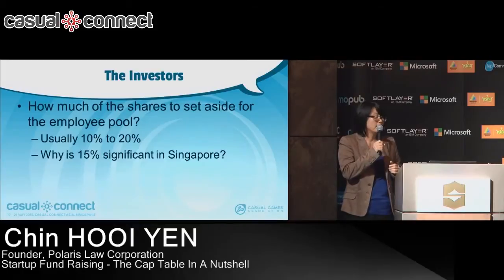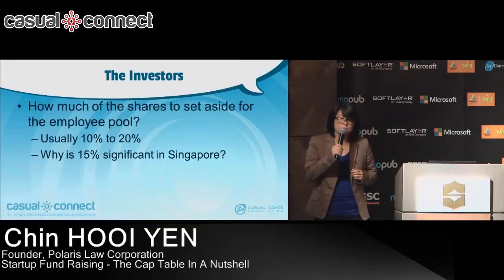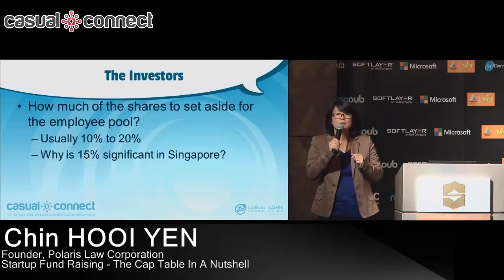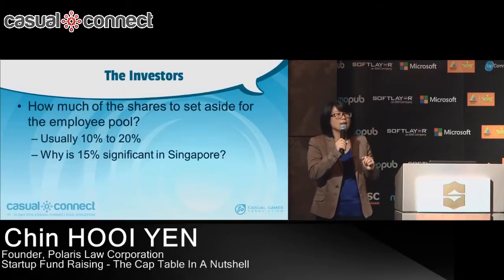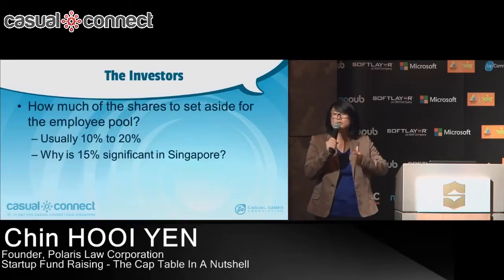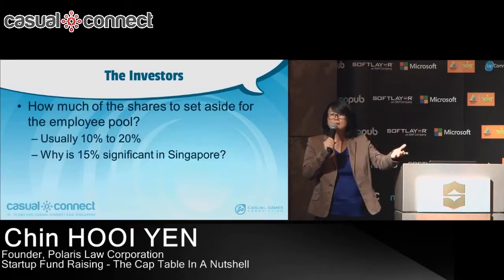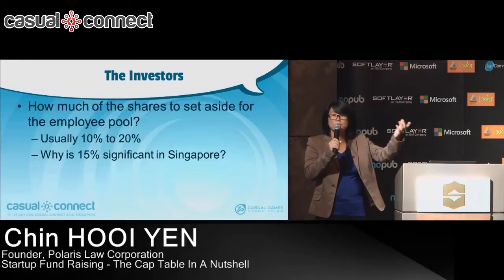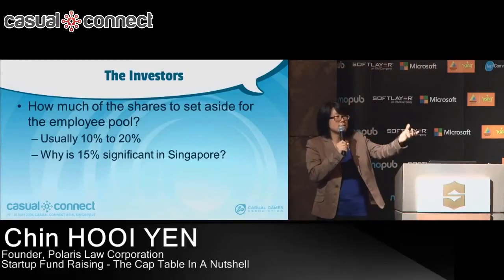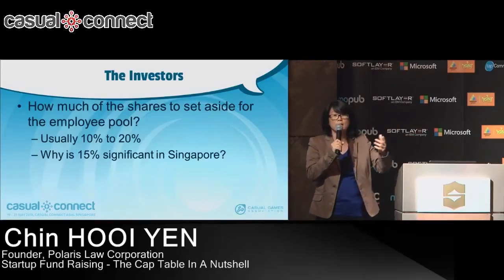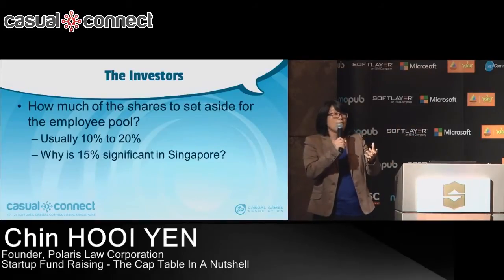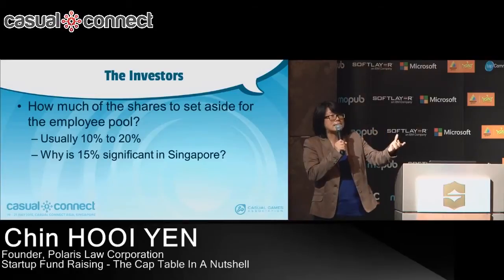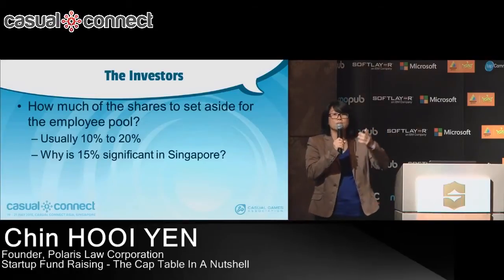A little bit about this employee share option pool. Very often, the shares that are set aside, we don't issue and allot the shares until the share options have been offered to the employees, accepted, and have vested. Okay, so in essence, the shares don't exist until you allot and issue them.